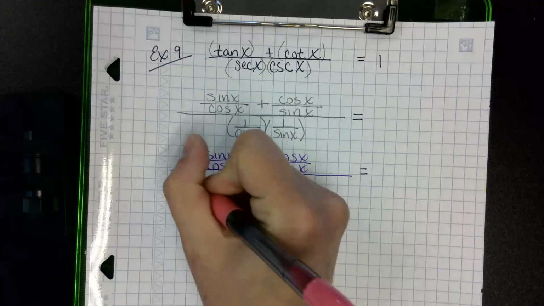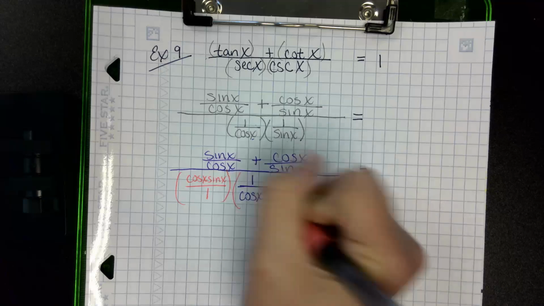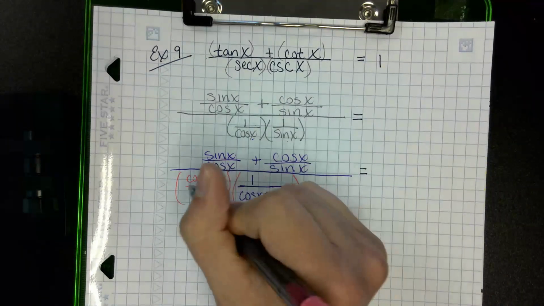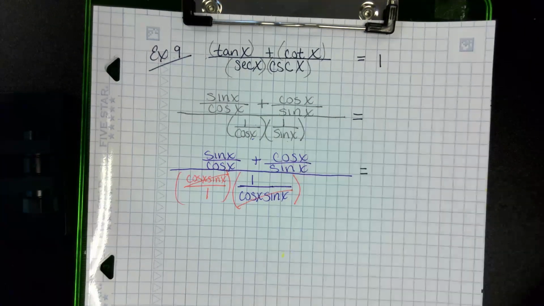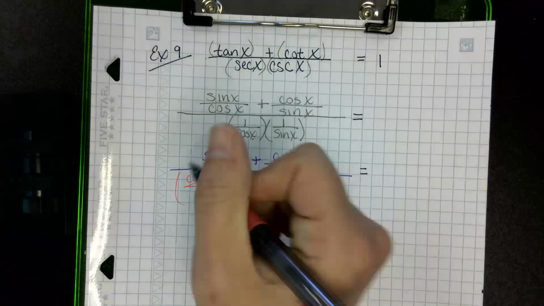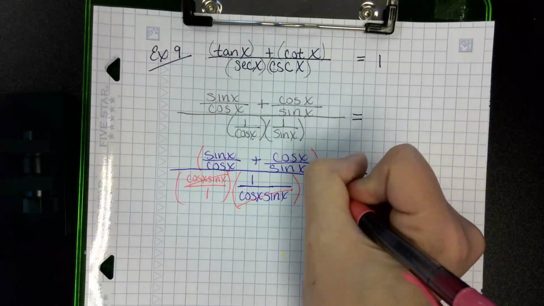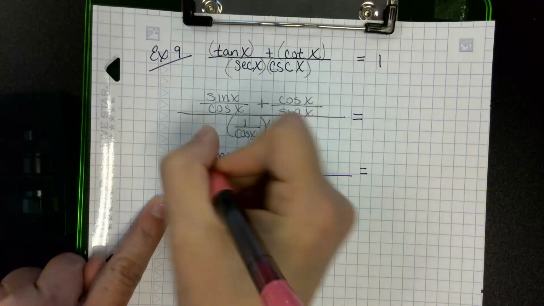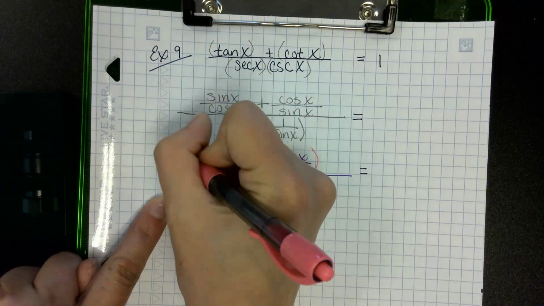So I just flipped it. If I multiply, those pieces cancel, and that's just a denominator of 1. But if I'm changing a fraction and I change the denominator, I have to also change the numerator. So the entire numerator is also going to be multiplied by cosine sine over 1.